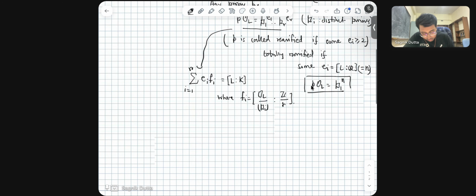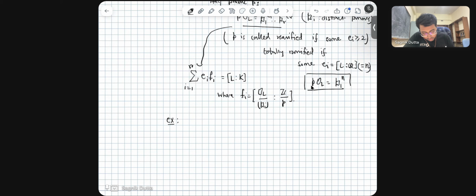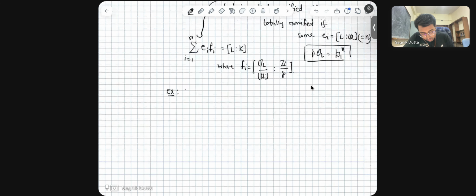So for example, the easiest example is the ideal generated by 2 inside the Gaussian integers. This is the ring of integers of Q(i), and the ideal generated by 2 is the same as this.